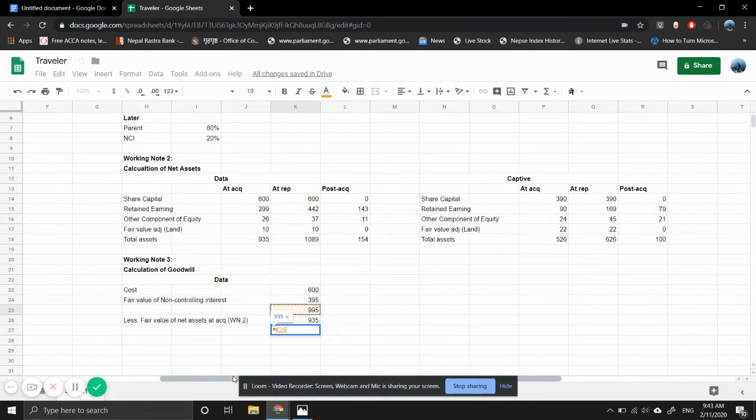And then our total goodwill will be this figure. Same thing for Captive as well.